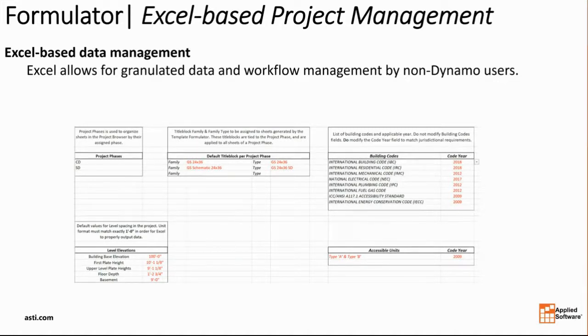One of the interesting things this allowed us to do was shift project management out of Revit and into Excel, so that we could have a pretty powerful Excel document where the project managers could simply define things like the building code years, specific requirements, and level elevations, and then automatically extract this data and use it to configure the Revit project.